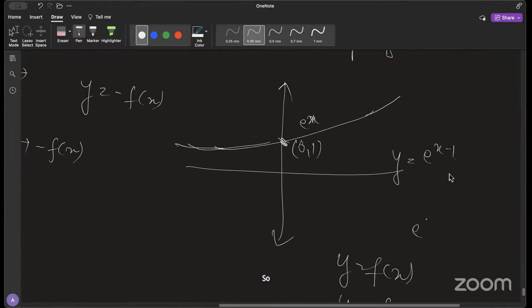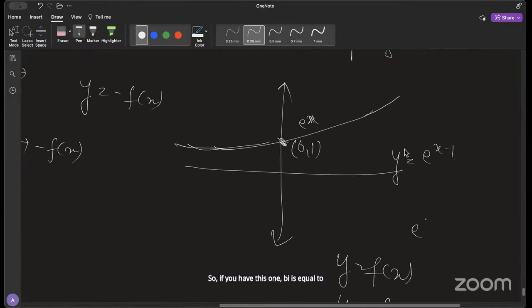So if you have y is equal to e to the power x minus 1, this needs to get shifted here. 0, 2, and it will pass through this one then. Same graph, but it has just shifted here. I have not drawn this very properly, but the entire thing gets shifted here.